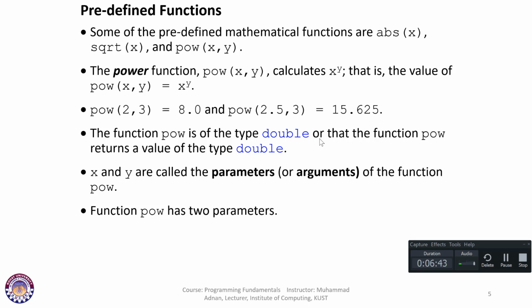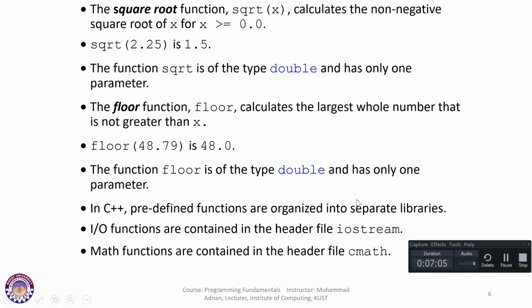So double means it will have a decimal point, just as you see in these two examples. x and y are called the parameters. Usually they are called arguments, but it doesn't matter, it depends upon you, whatever you like. So x and y are called the parameters or arguments of the function pow. The function pow has two parameters, one is the base and the other one is the exponent.